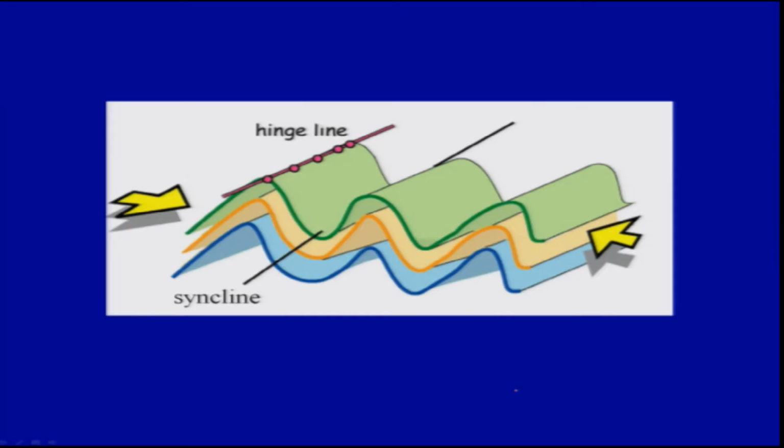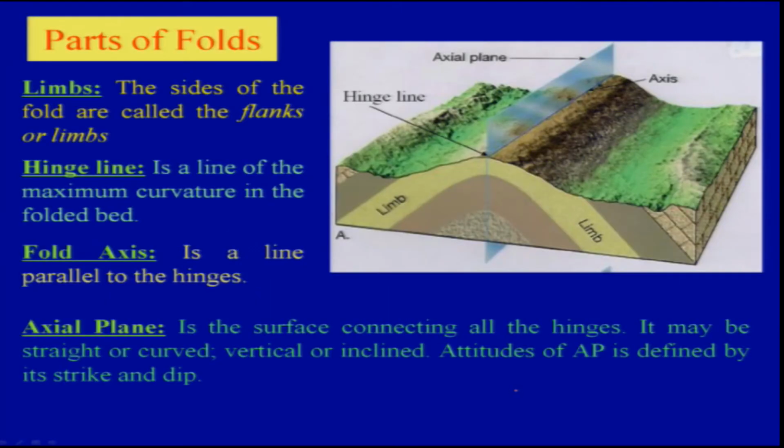So, the previous slide we were looking at, where we have the limbs. If you take this limb here, one is dipping in this direction, another is dipping in this direction. If we have a fold whose limbs are dipping away from each other, then we term that an anticline.